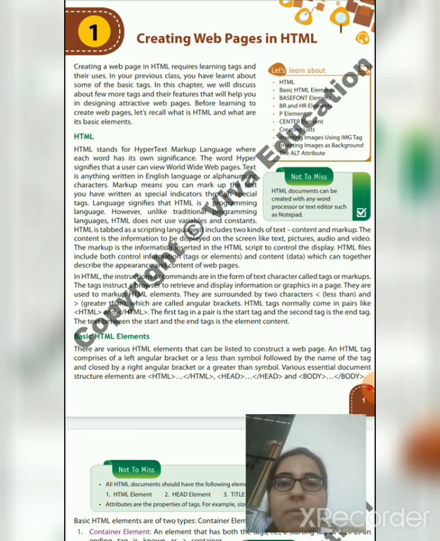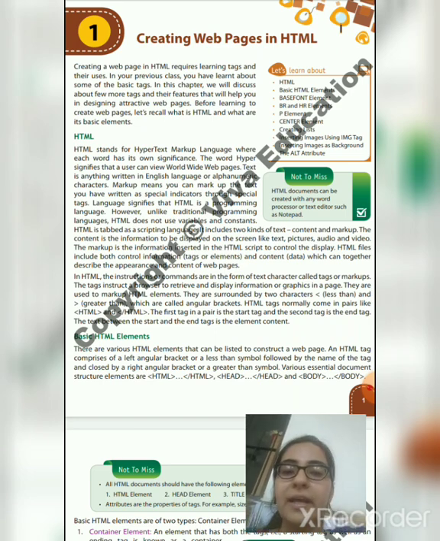They are surrounded by two characters, the less than and greater than signs, that are called angular brackets. All the tags are written between these angular brackets. HTML tags normally come in pairs like <HTML> and </HTML>.